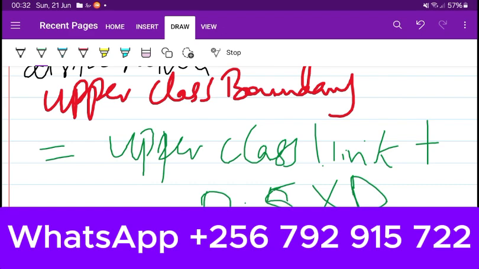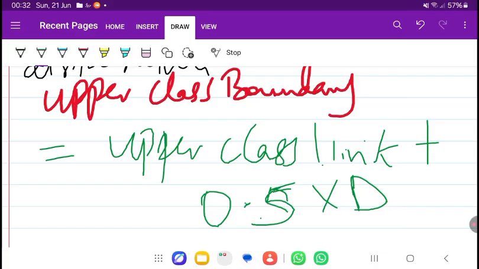I will explain as we go on. Then the lower class boundary, of course, is now the lower limit minus 0.5 times d, and d is the size of the gap that exists between successive classes. We have said that d is the size of the gap that exists between successive classes.